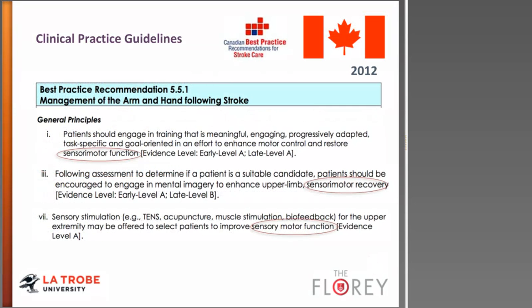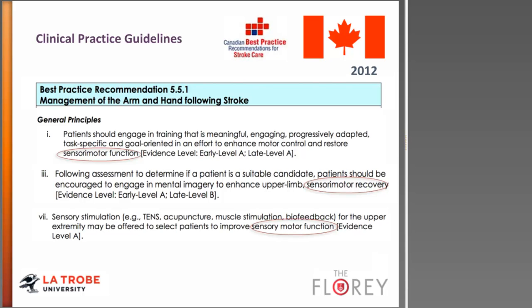In looking at Canada, so the Canadian best practice recommendations for stroke care don't really separate out sensory and motor function. So when they mention sensation in their guidelines, it's in a sensory motor way. So they suggest in broad terms that patients should engage in training that's meaningful, engaging, progressively adapted, task-specific and goal-oriented with an aim to enhance motor control and restore sensory motor function.